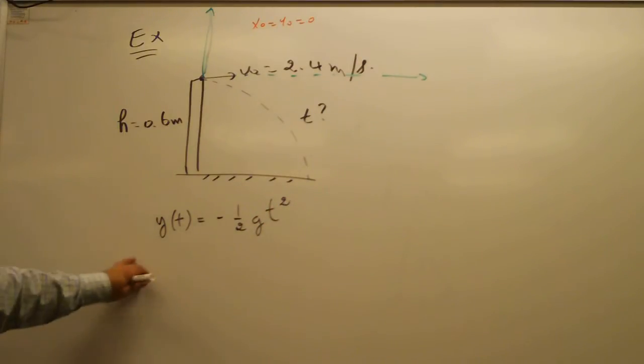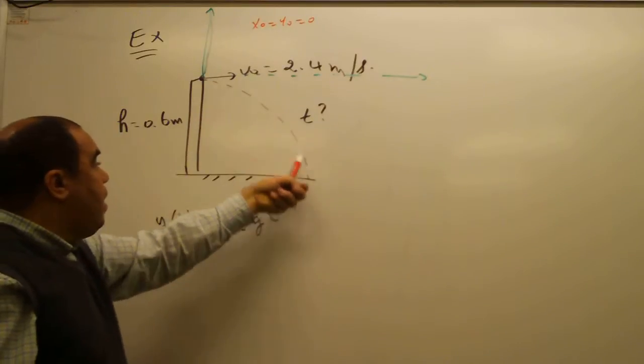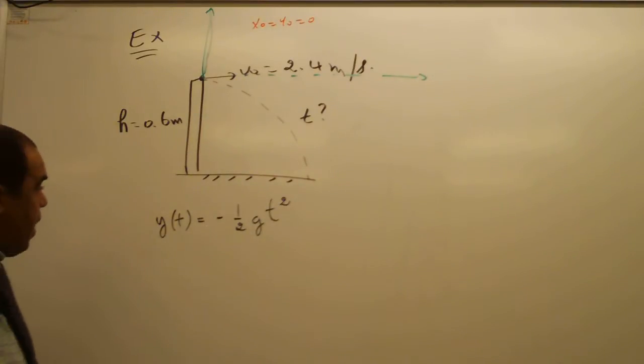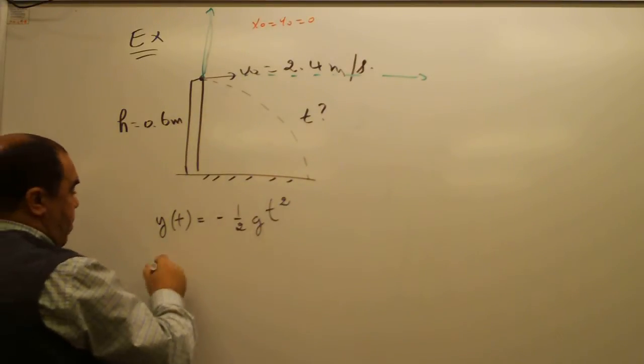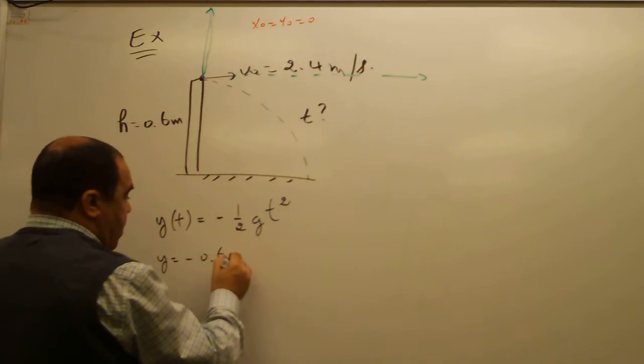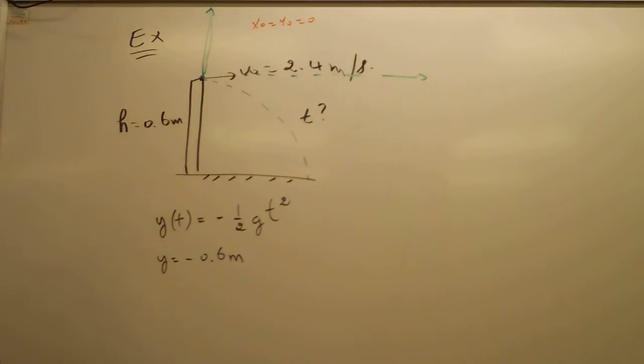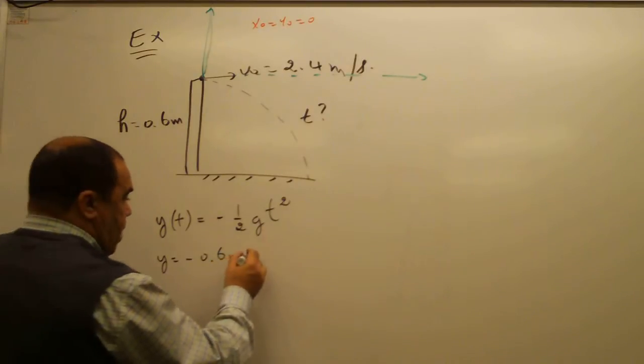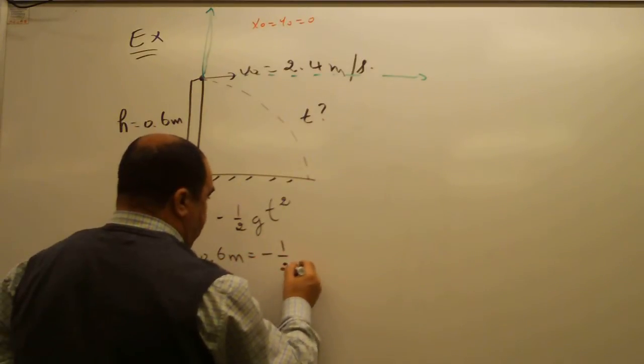This is y at any given time till it hits the ground. Now, obviously, when it hits the ground, y is just minus 0.6 meters.